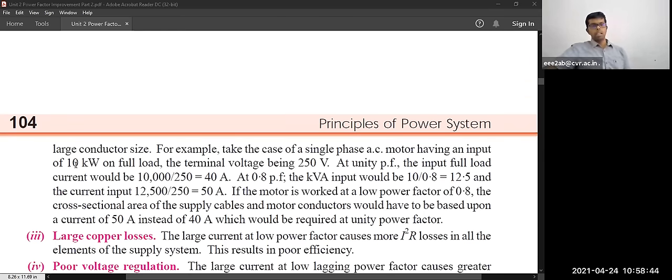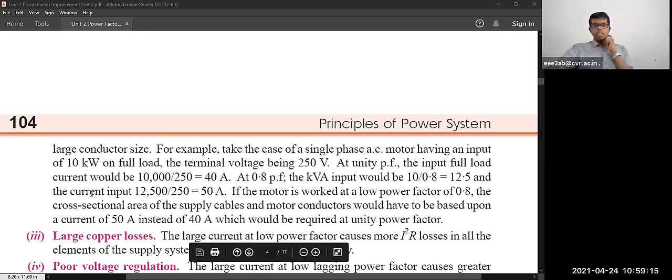The power is 10 kilowatt, so 10 into 10 to the power of 3 divided by 250, that is nothing but 40 amperes. Imagine the power factor is maintained at 0.8. For 0.8 power factor, the kVA input would be 10 divided by 0.8, that is 12.5 kVA.